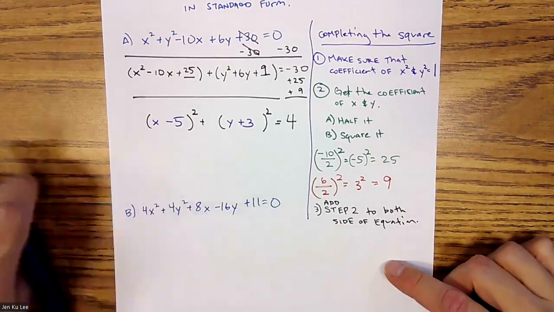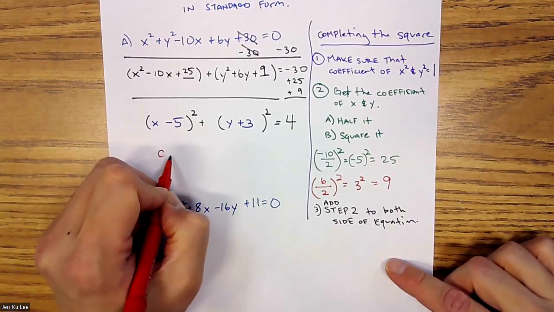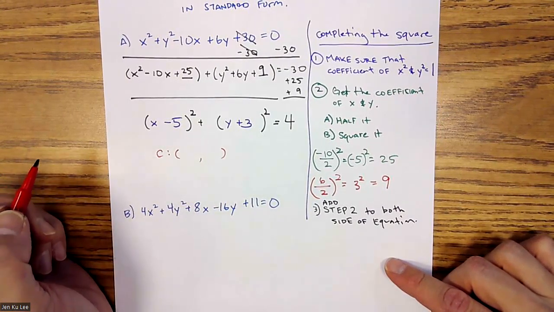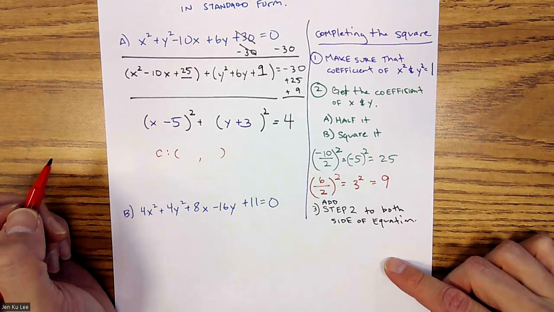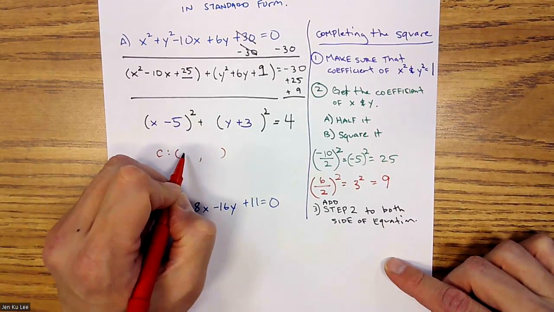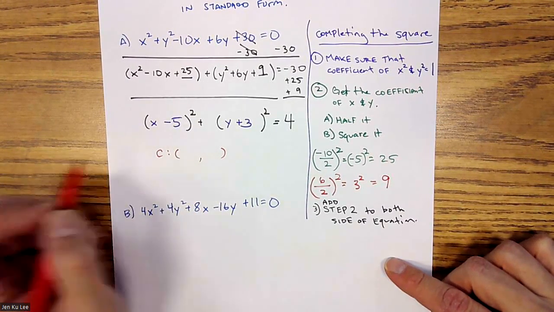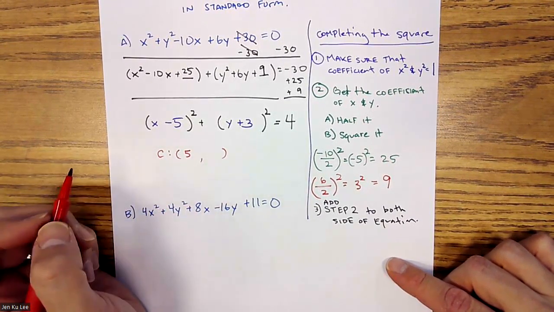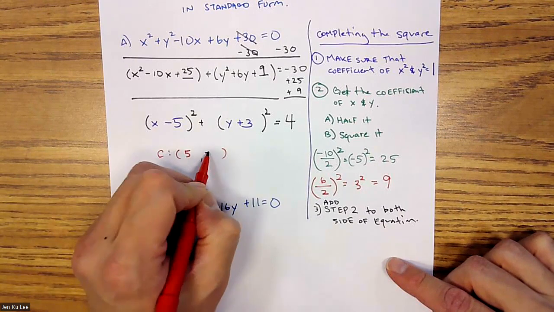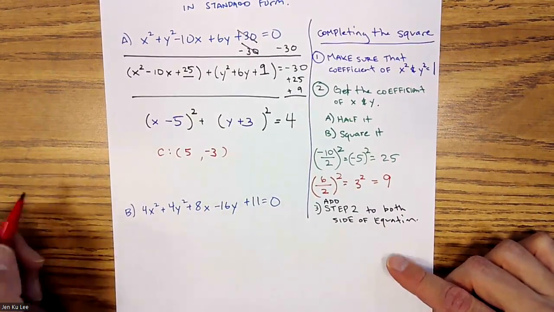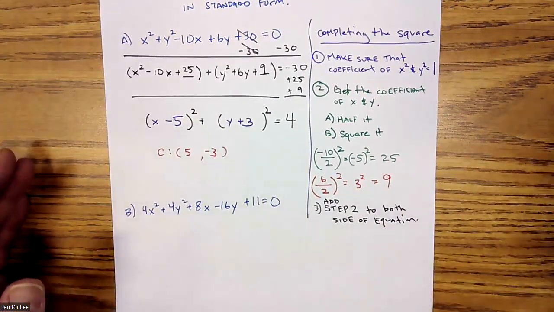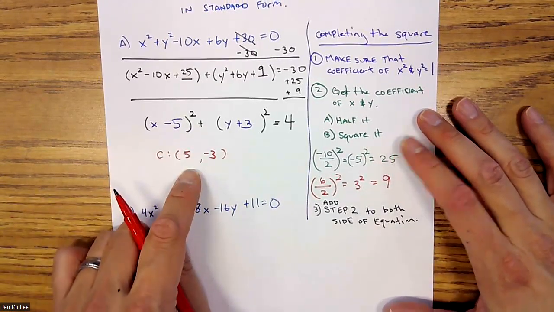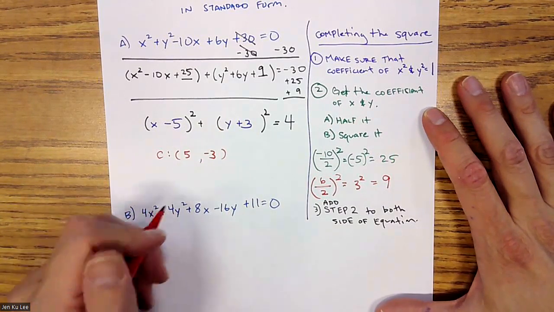So here, what is my center? 5 comma negative 3. Okay. Remember, it's x minus and it's y minus, so whatever the sign is, just flip it.